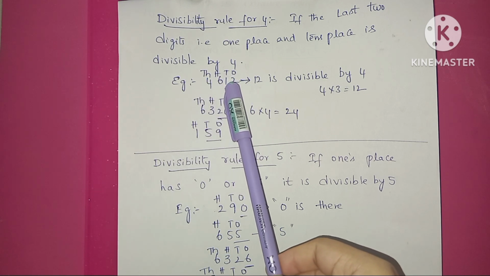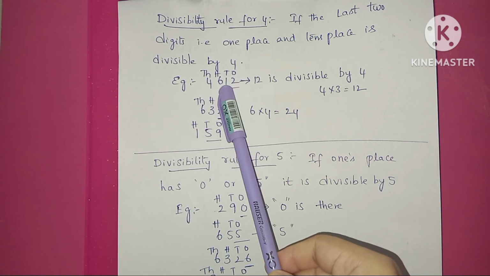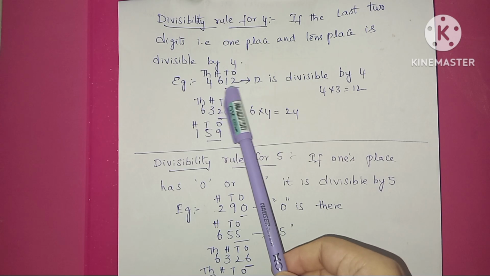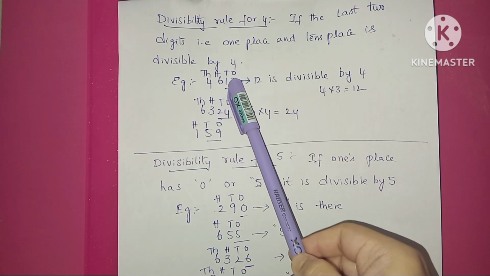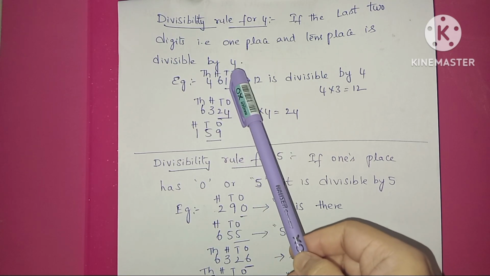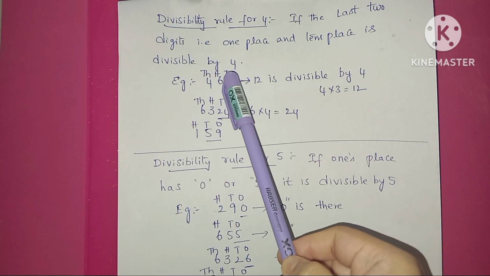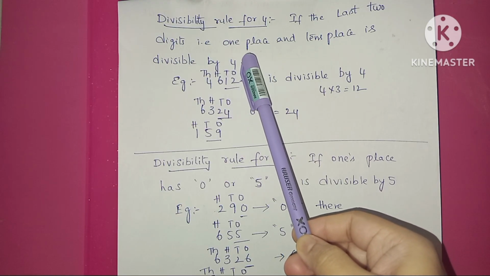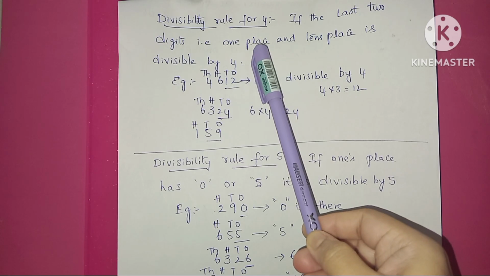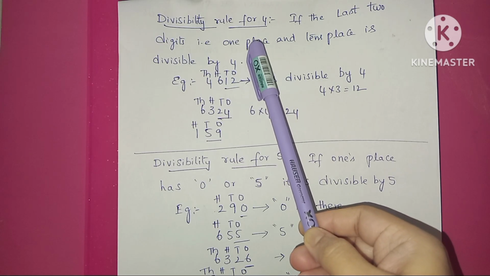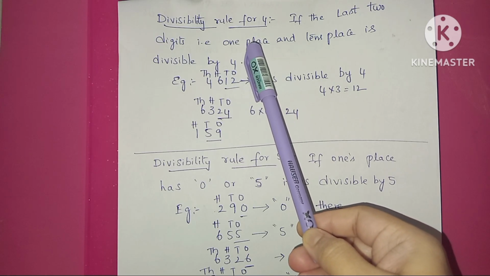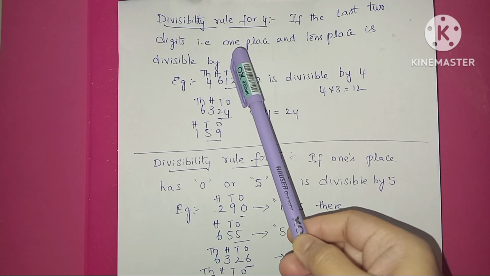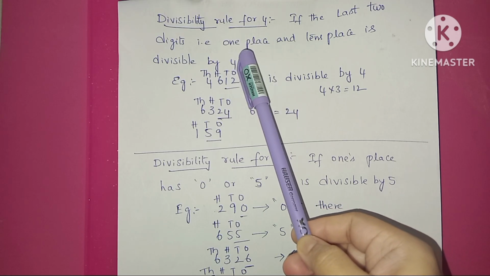So if these two digits are there in the fourth table, the number is taken as divisible by 4. By just looking at the number, we can identify whether the given number is divisible by 4 or not.